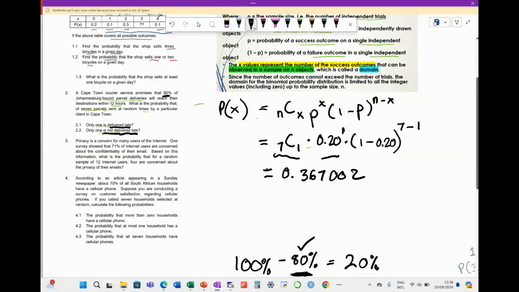Yes. The 1 minus 0.2. This one here is, I got 0.262144.